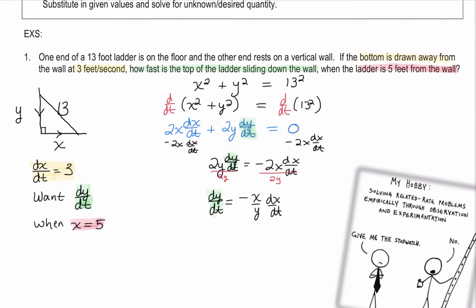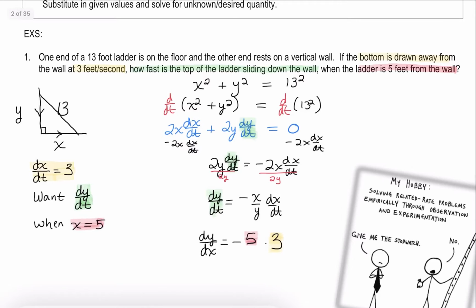All right, so what do we have to sub in? So my dy dt is equal to negative, all right, well, x I know, right? That's the 5 because I want this at the instant when x is equal to 5. I also know dx dt in this case is equal to 3. So that's 3 feet per second. And so we know that.